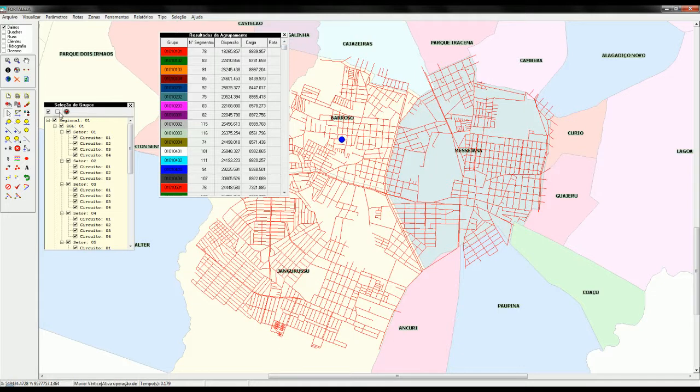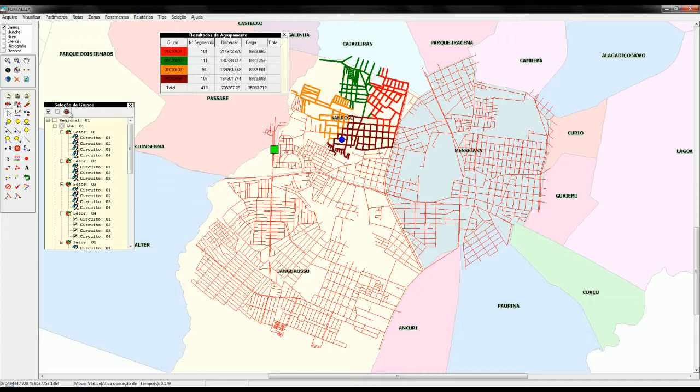Now we're going to choose any one sector, which corresponds to one direct journey of a truck, and then check its circuits to generate a route. The green point indicates a garage, from where the truck leaves, and the blue point a landfill, the end of the journey. We can position these points anywhere.